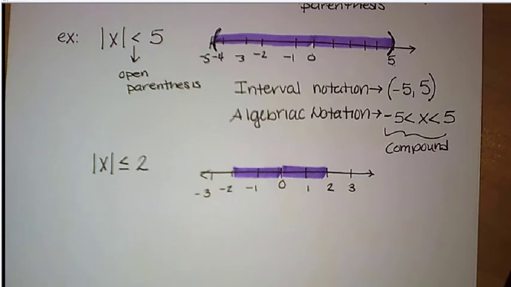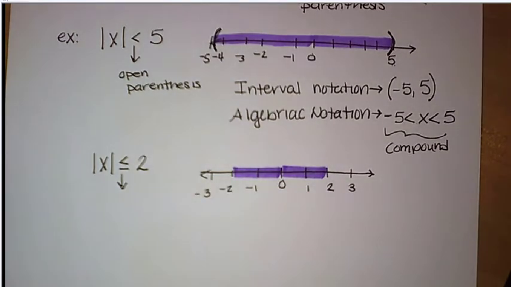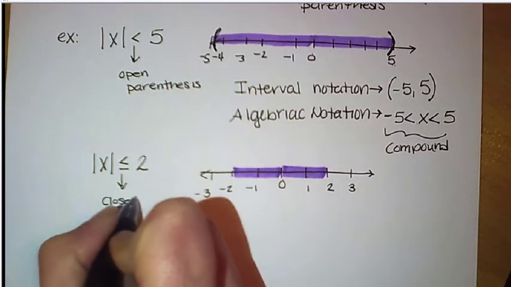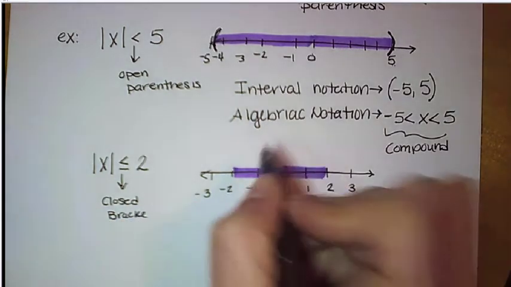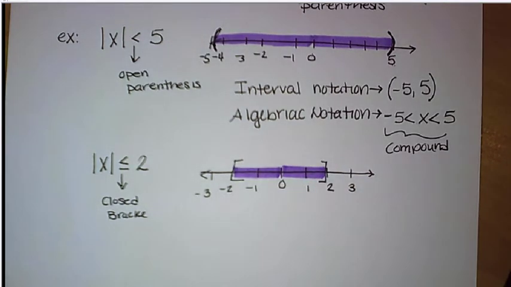Now, again, we want to look at our inequality right here, and because it is less than or equal to, this is going to be a closed bracket on either side of our -2 and our positive 2. So really the only difference between a less than and a less than or equal to, as far as your graph is concerned, is the endings.